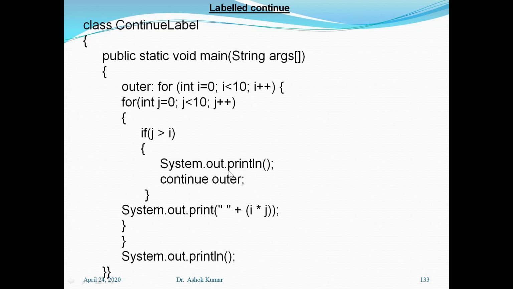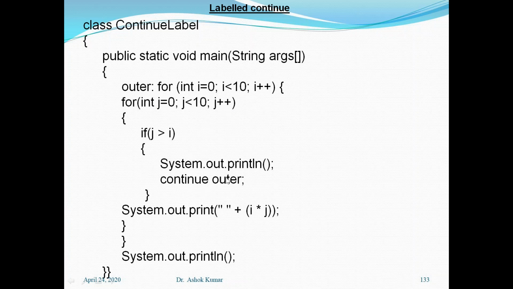So if you just use continue over here, if you don't write anything, then this continue will transfer the control to the iteration part of the loop in which it is contained. Because this continue is inside the inner for loop, if you just write continue, the control will go here.